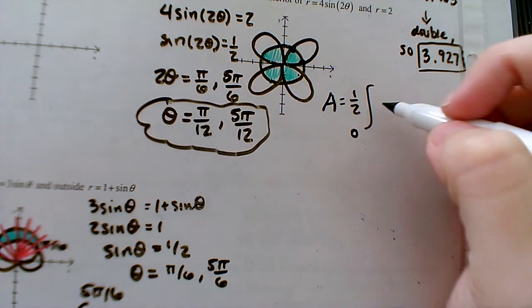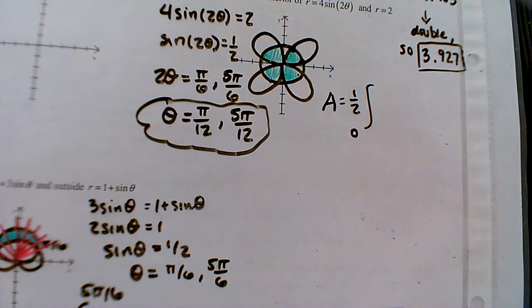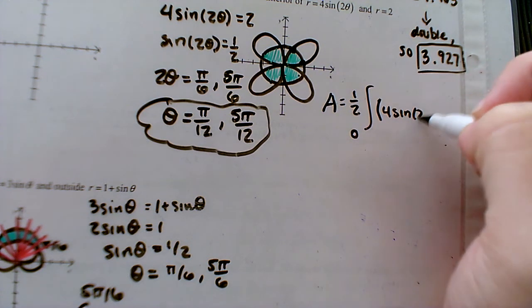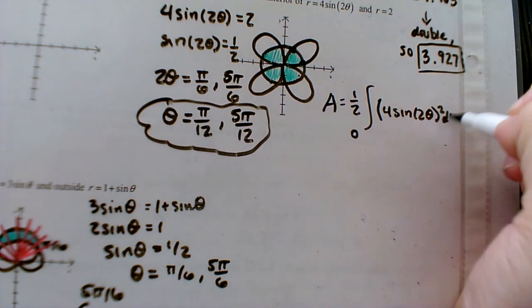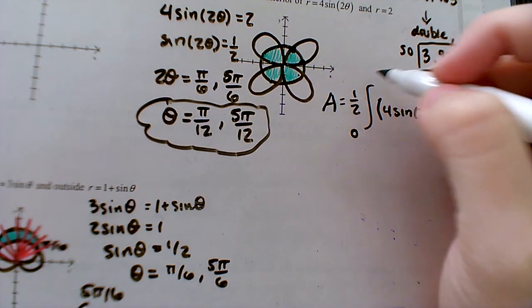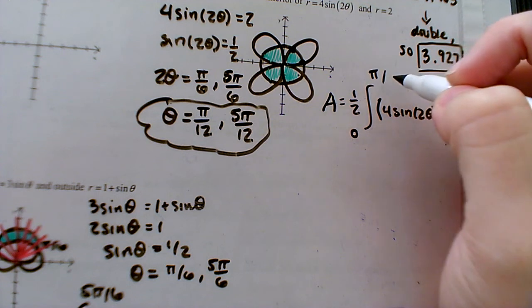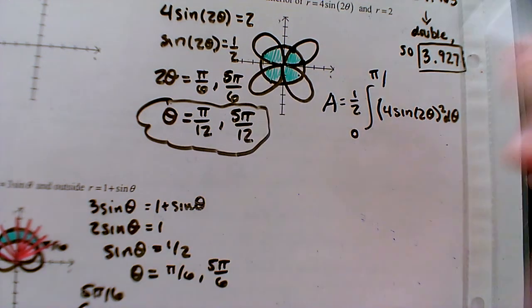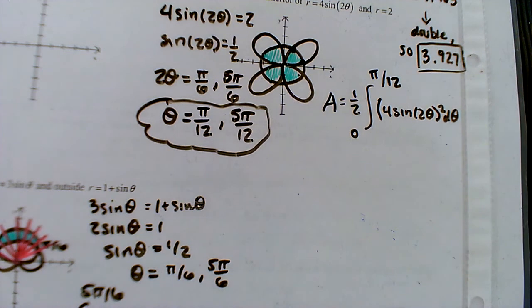And if we start at the rotation of 0, we said we were looking at the petal initially. So that was the 4 sine of 2 theta function. And when did we stop looking at the petal as we rotated through? Pi over what? It was that first intersection point. Pi over 12. Good.